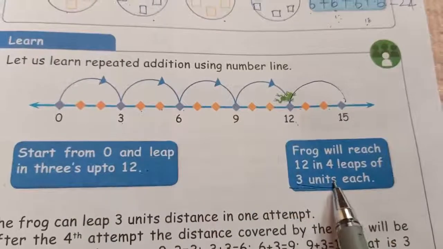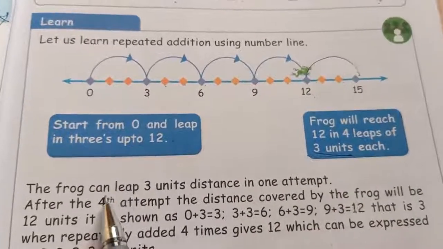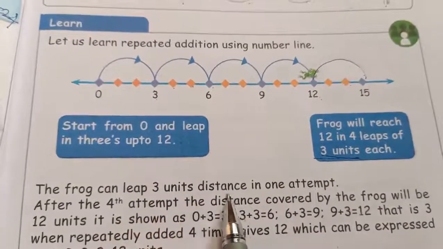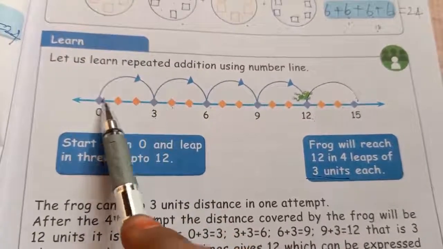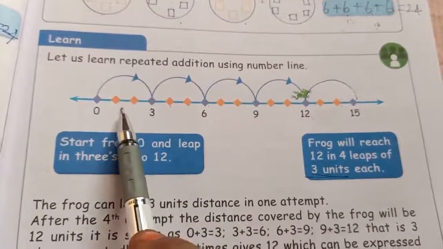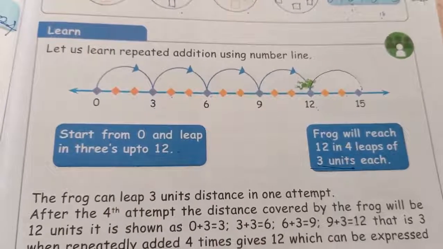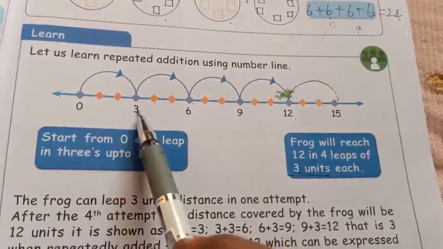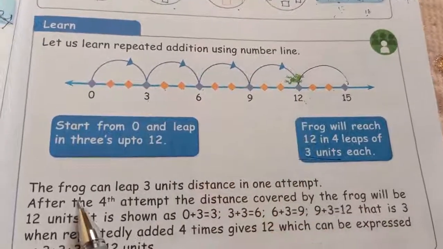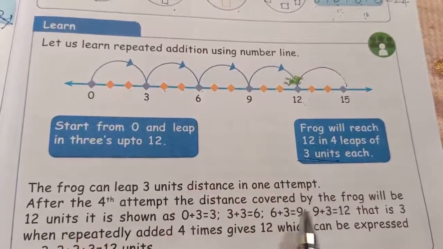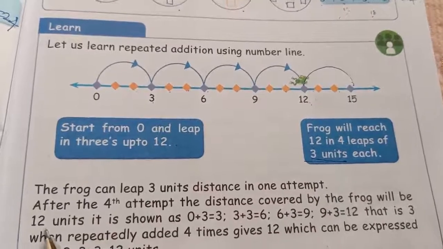So it covers 3 units each time. The frog can leap 3 units in one attempt. This is the first attempt. Here how many jumps? 3. So this is the first attempt, next second attempt, third attempt and fourth attempt. After the fourth attempt, the distance covered by the frog will be 12 units.